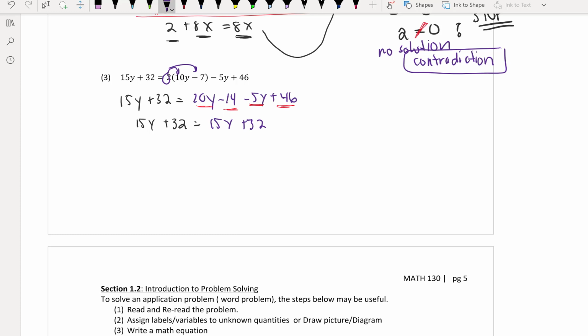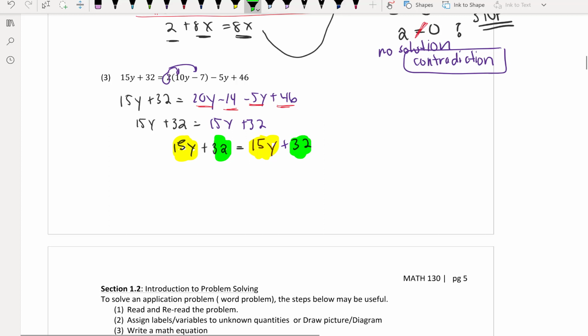So now you can see that I have really 15y plus 32 is equal to 15y plus 32. Do you see how both sides are equal to each other? They're identical, right? They both have a 15y and they both have a 32. So this is a 15y, there's a 15y, here's a 32, and there's a 32.